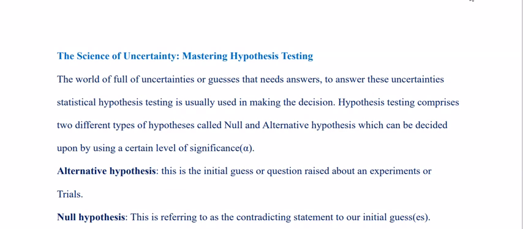In this tutorial, we are going to talk about hypothesis testing, which is the science of decision making when you are not sure about an event. In this wise, hypothesis testing comprises two types. We have the null hypothesis and the alternative hypothesis, in which a decision can be taken by using a certain level of significance.